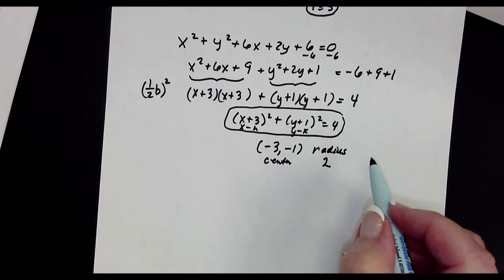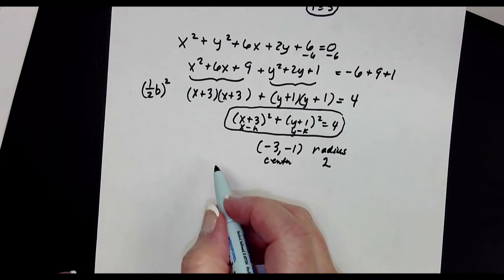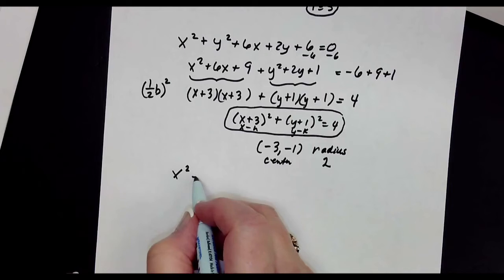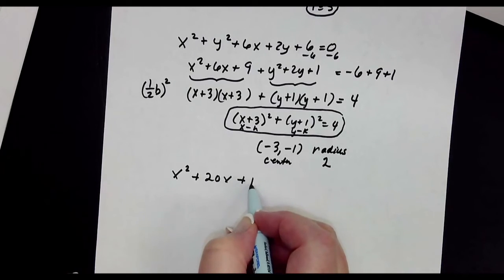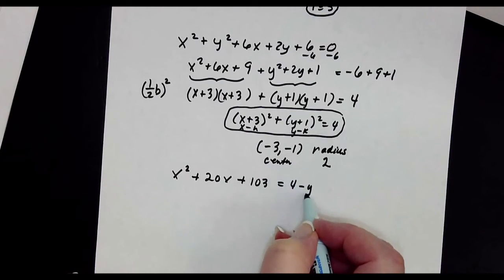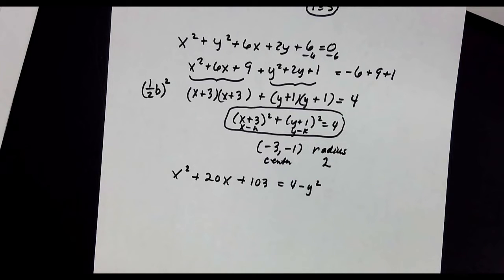Okay, let's try another one like that. So we're going to have x squared plus 20x plus 103 equals 4 minus y squared. Okay, this one's a little more awkward, right?